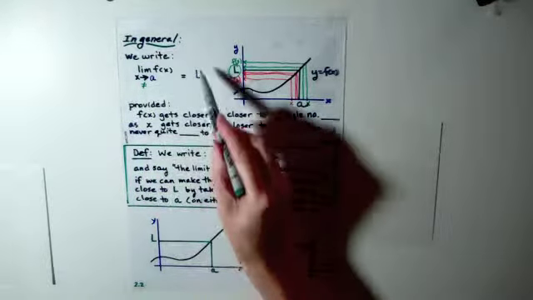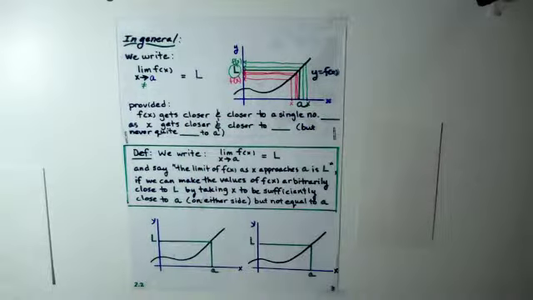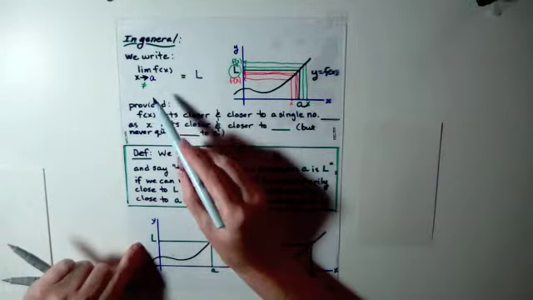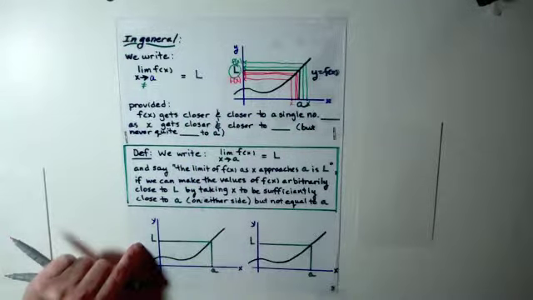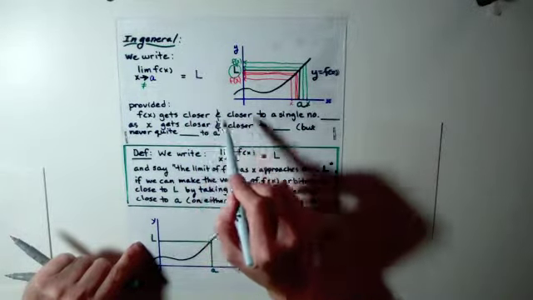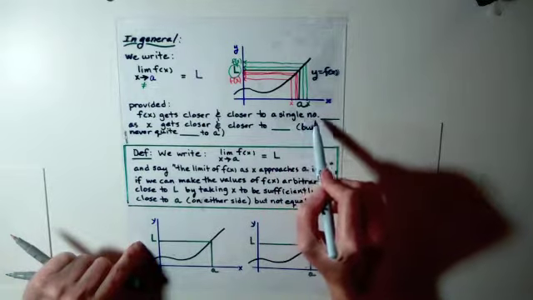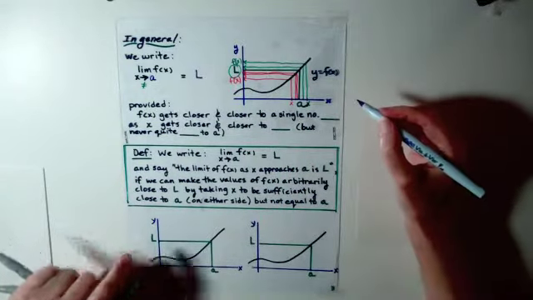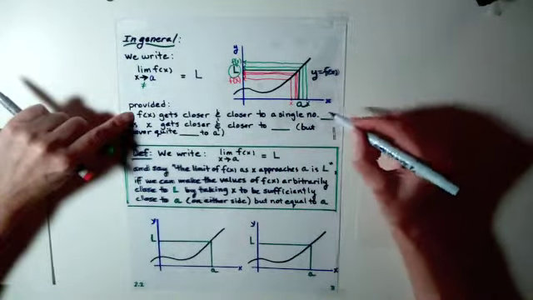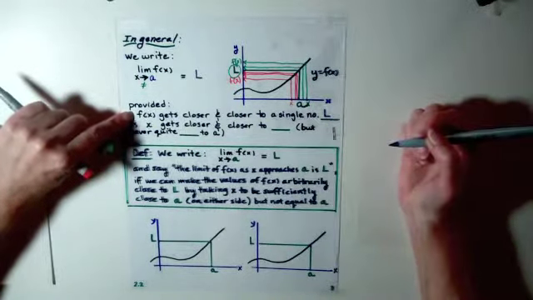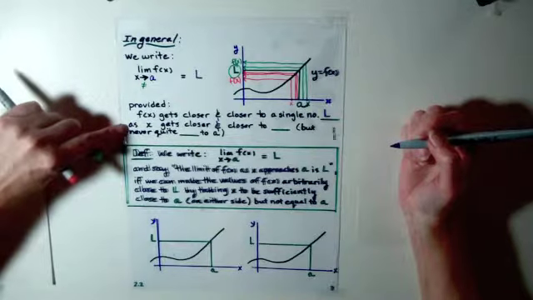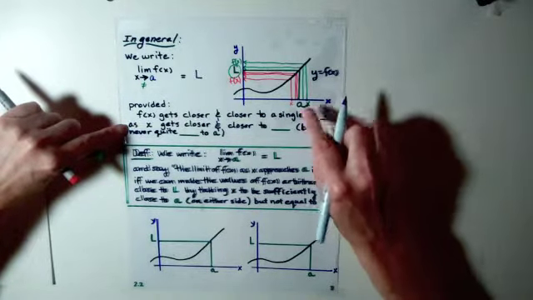So we would go ahead and say this limit is equal to L provided, and let's write it out in words down here. We would say that this limit as x approaches a of f of x equals L provided x gets closer and closer to a single number, and remember the outputs y or f of x are getting closer and closer to the number L in our picture as x gets closer and closer to the number a.